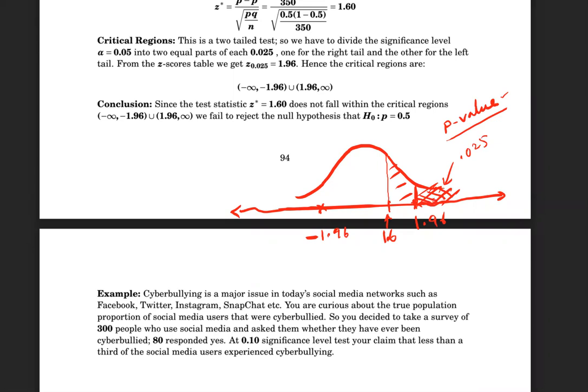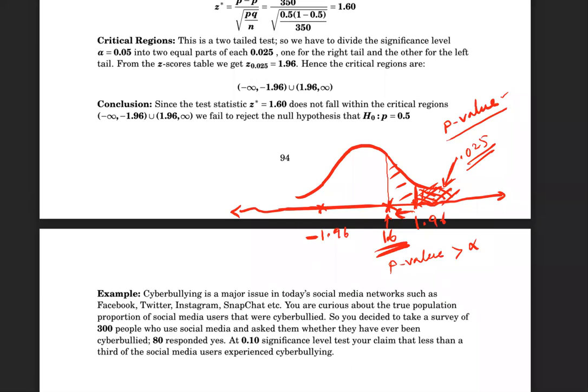If a test statistic does not fall in the critical region, what's going to happen is that your p-value is going to be greater than alpha. In that case, you do not reject the null hypothesis. Why is p-value greater than alpha? Alpha is 0.025, which is just this double shaded region. But p-value is bigger than that, because this 1.6 is to the left of 1.96.